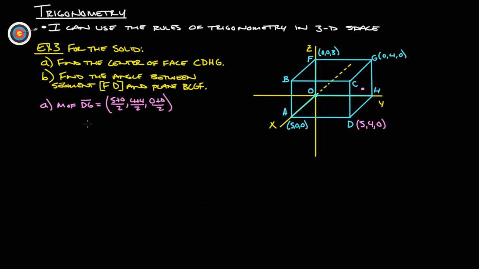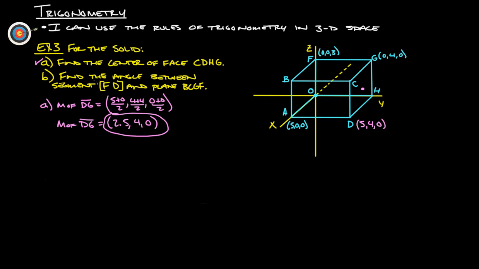Okay, so midpoint of DG is going to be 5 plus 0 divided by 2 is 2.5. 4 plus 4 is 8 divided by 2 is 4. And 0 plus 0 is 0 divided by 2 is 0. So there's our center of the face CDHG. It is 2.5, 4, and 0. So we have done that.